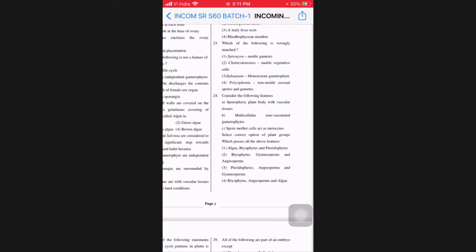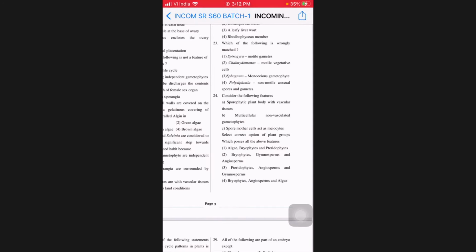24th, consider the following features. Then what we have to do at the end? Select the correct option of plant groups which possess all the above features. Let us see. A. Sporophytic plant body with vascular tissues. It must be pteridophyta to angiosperms. B. Multicellular non-vasculated gametophyte. It is there in all pteridophyta and angiosperms.